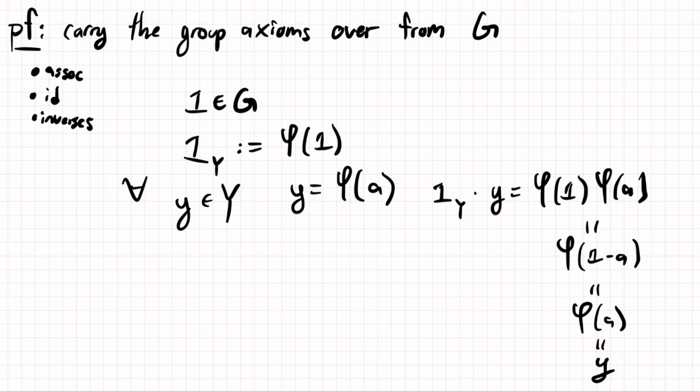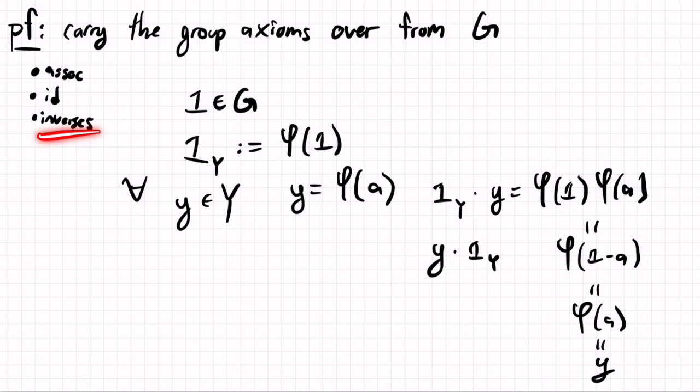To fully verify the identity axiom, you would do the same thing for y times 1_Y, and the proof will be pretty much exactly the same as this.